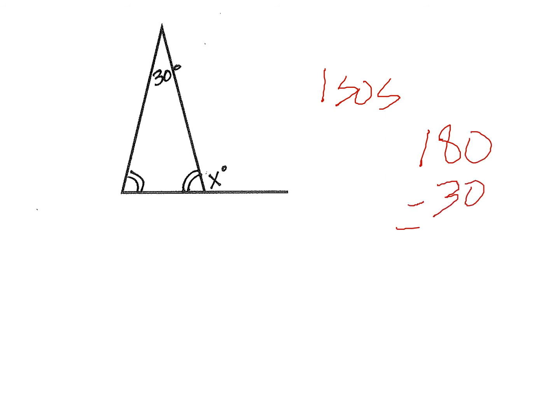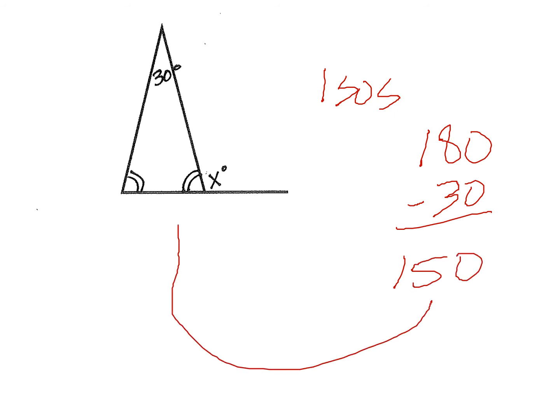So let's take that 30 away, and that leaves us 150, but it's got to be shared between the 2 pieces. Are they equal? Well, then you can share it equally. In other words, you can divide it equally. So you end up with 75 and 75. Now how can we get X? Then that's the old stuff. Right next to 75, 180, subtract 75, and you get 105. Okay?